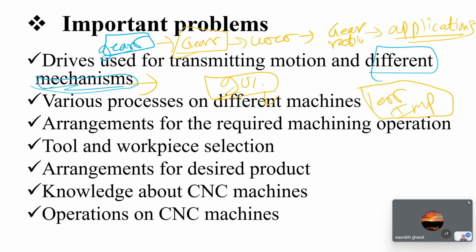As I told you, this is theory and practice, so you should know this practice part. They might ask questions on it, and I told you everything in the course outline part just a few minutes before. There are various processes on different machines, arrangements required, tool and workpiece selection, and arrangement for the desired product, how to arrange everything.